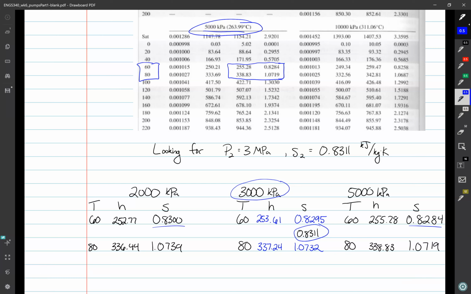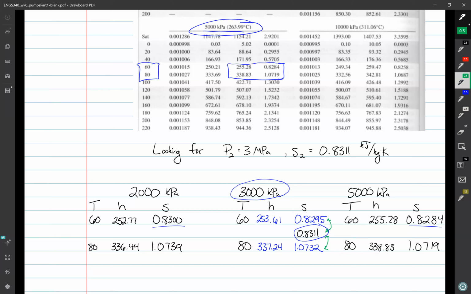Okay, the actual values that we want now are these values. We basically use those two values to figure out what percent of the way we are. You can see I'm closer to 0.8295 than 1.07.